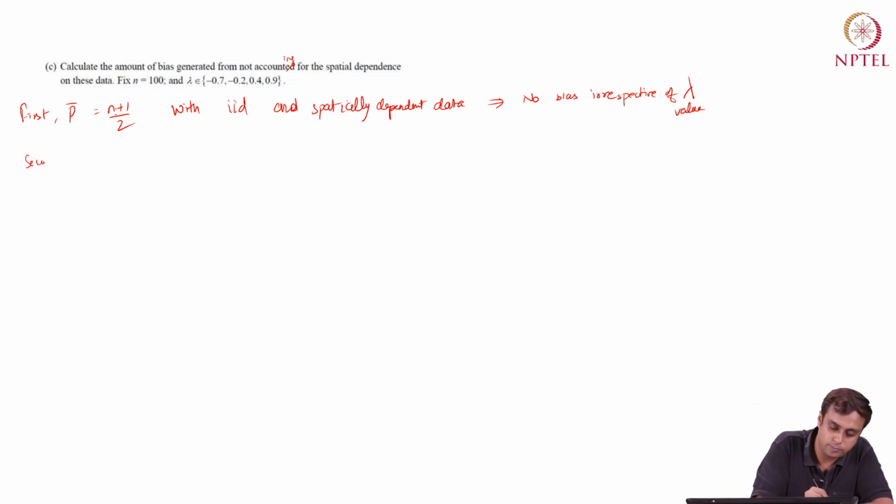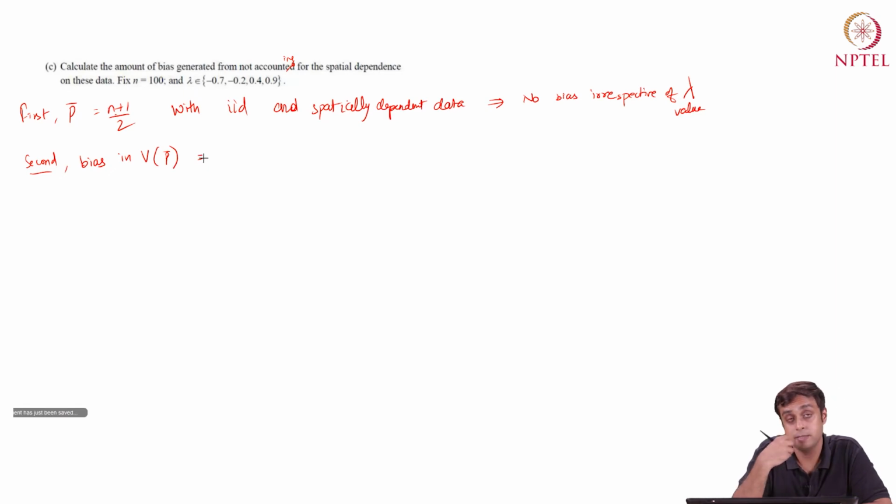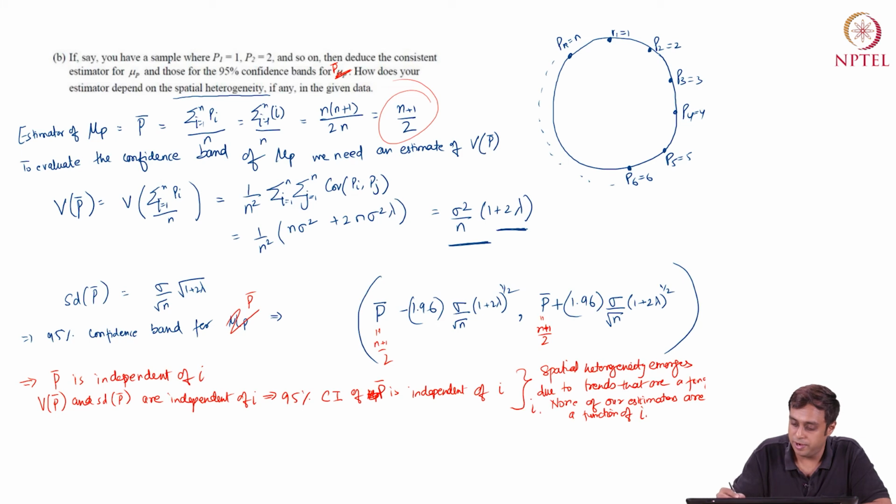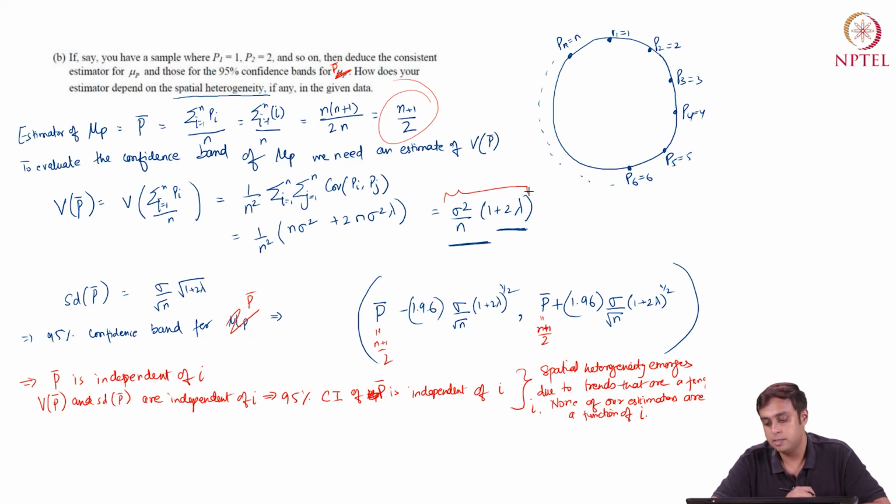Second, bias in the variance of p bar. Well, there will be bias, and we saw on the previous slide, we can go back and check, that in the case of spatially independent data, the variance of p bar would be sigma squared over n, whereas here it's sigma squared over n plus sigma squared over n times 2 lambda.